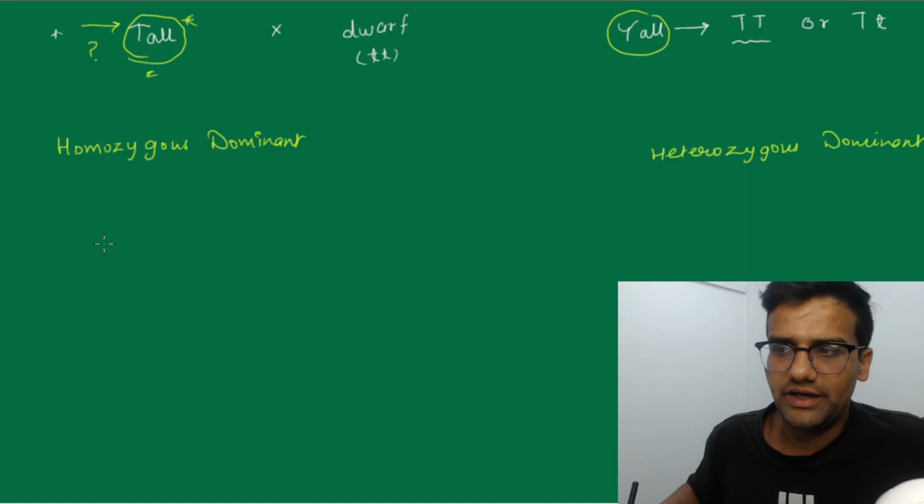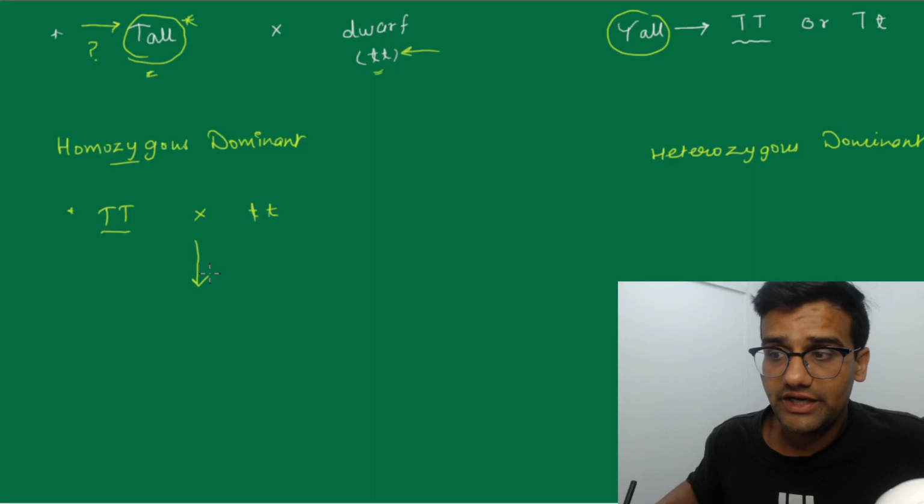If it is homozygous dominant, all the plants in the next generation would be tall plants. 100% of the plants would be tall, and not a single plant would have the genotype small t or the dwarf phenotype.